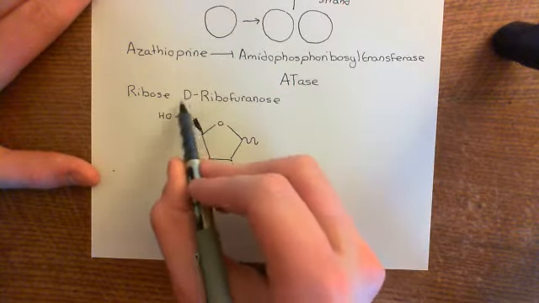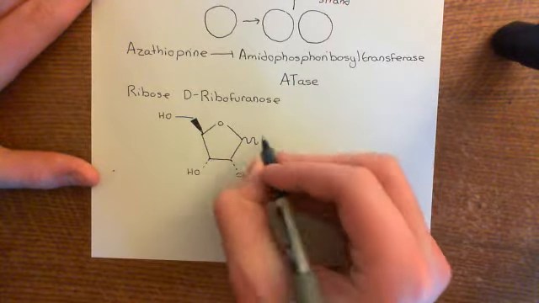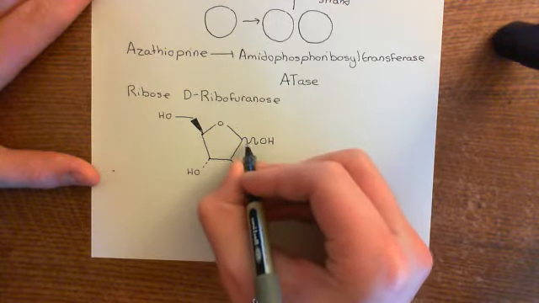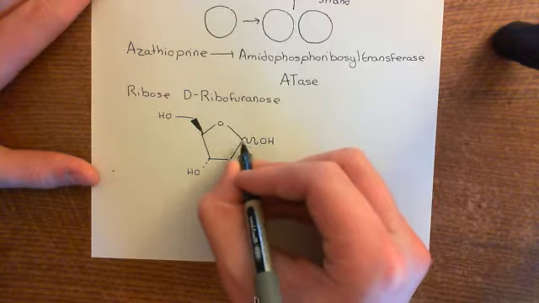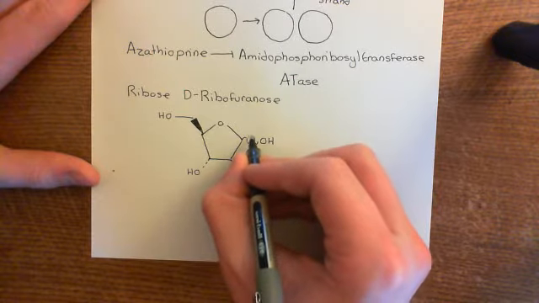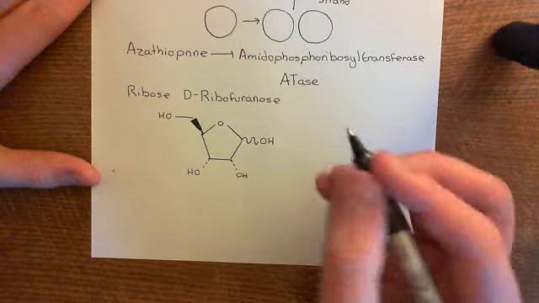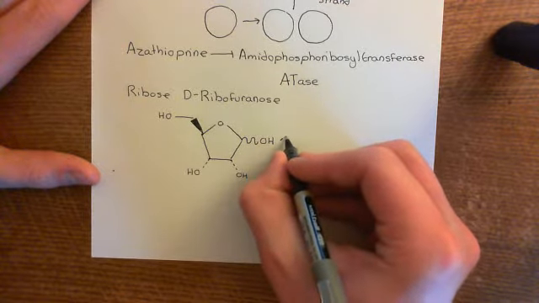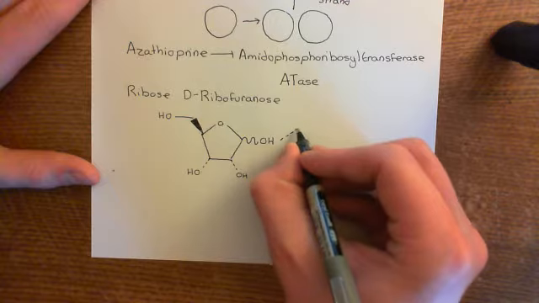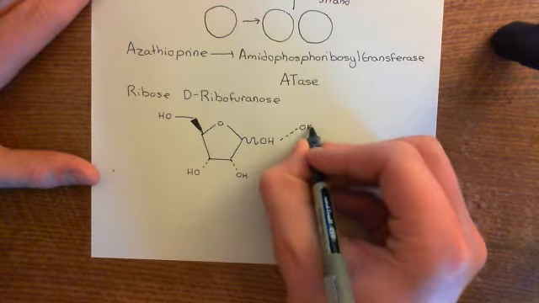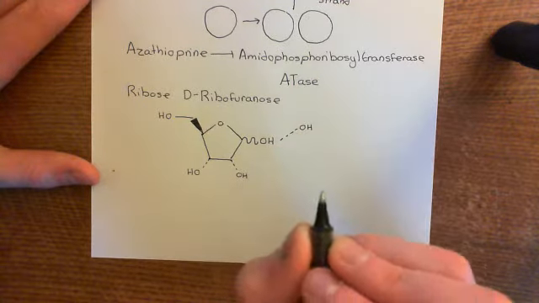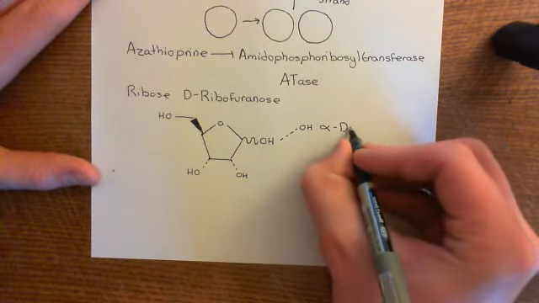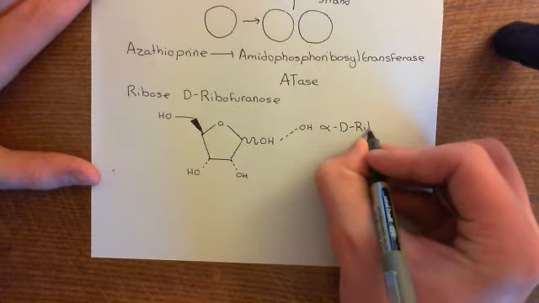Now, if you just write D-ribofuranose, it does not tell you which direction the alcohol group goes in. So what you would have to do is draw this squiggly line to say it's either going into the page or it's coming out of the page. However, there are two separate optical isomers of D-ribofuranose. If the alcohol group goes into the page away from us and the hydrogen therefore comes out of the page towards us, that would be called alpha D-ribofuranose.